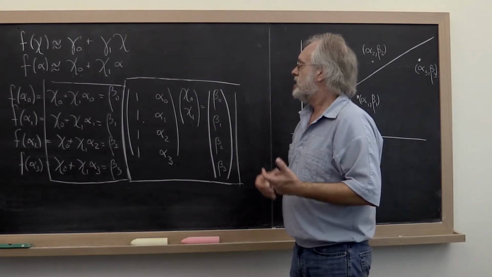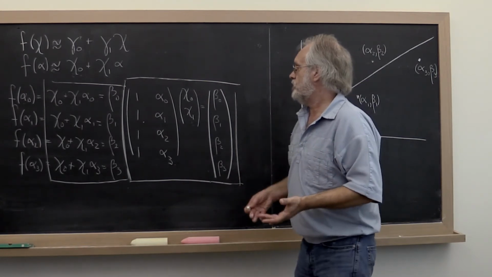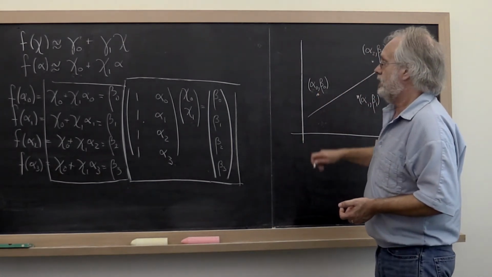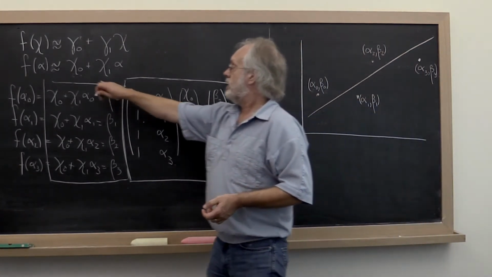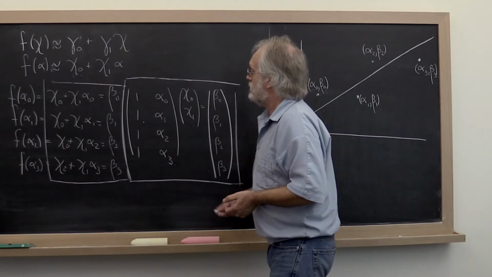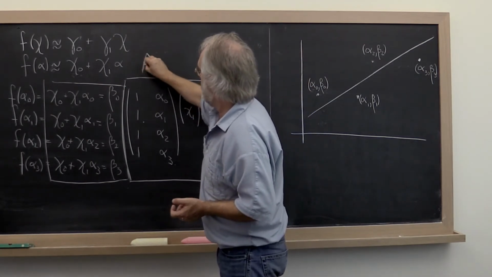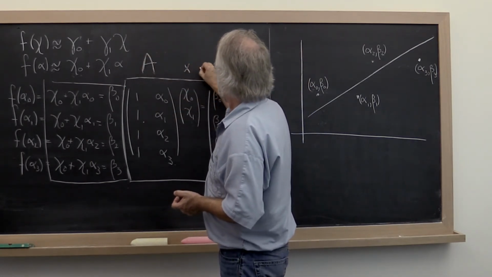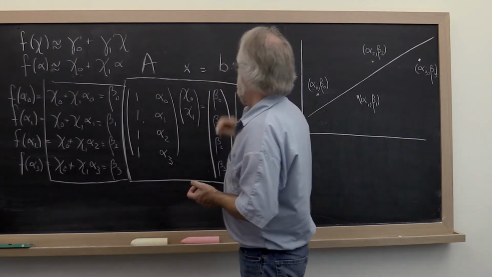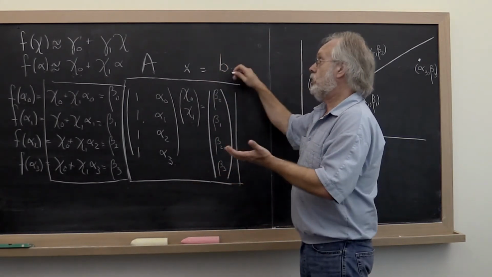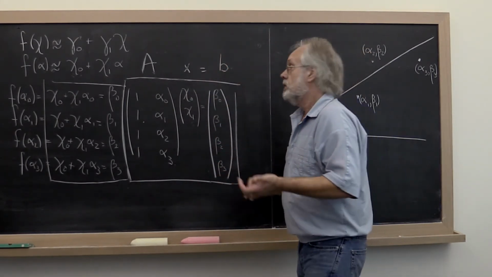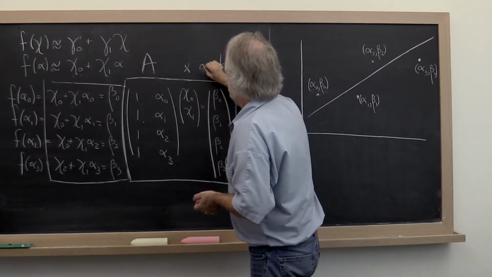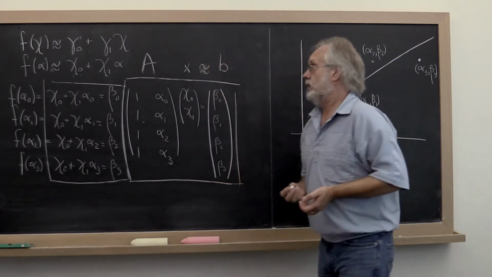And now it becomes clear why we chose alpha and beta here and why we chose chi for our coefficients, because now we can label this as A, this as x, and this as b. And ideally we would exactly solve this, but what we notice is that we can only approximately solve this.